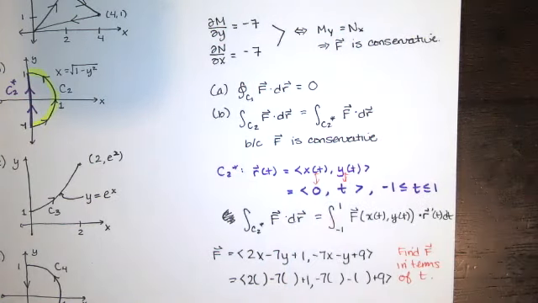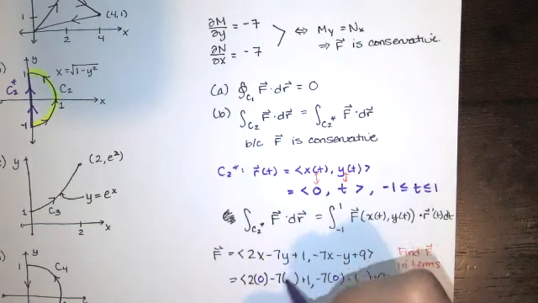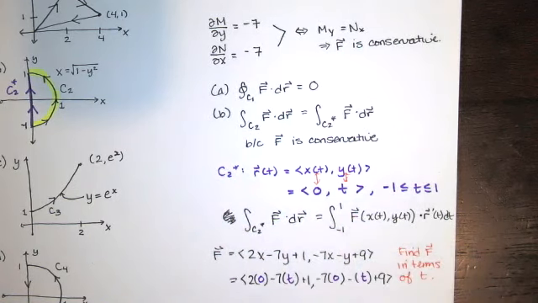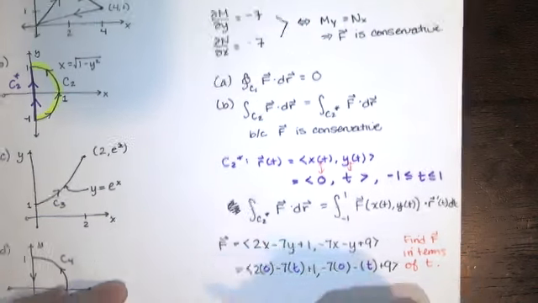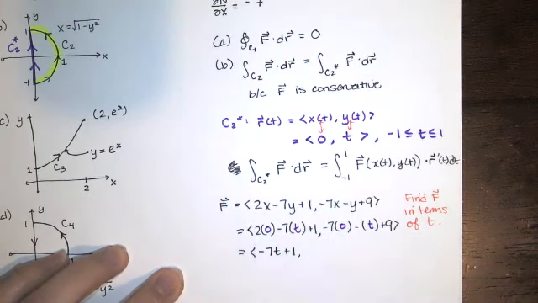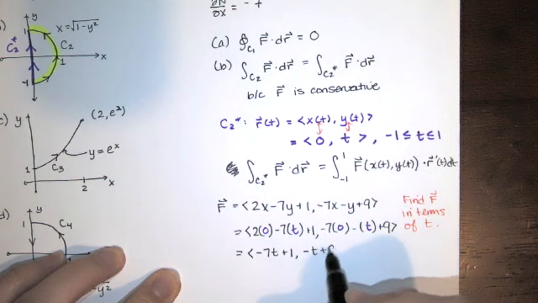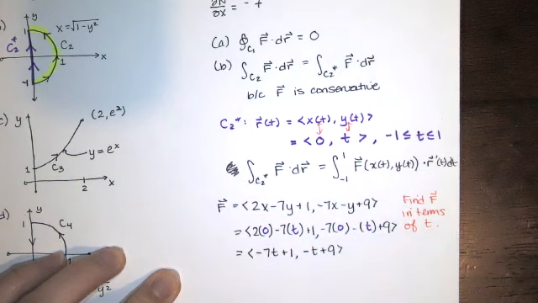So I'm just going to substitute in x equals 0, and I'll substitute in y equals t. And then we'll simplify. I'll have -7t plus 1 as my x component of my field, and -t plus 9 as the y component of my field. Easy breezy.